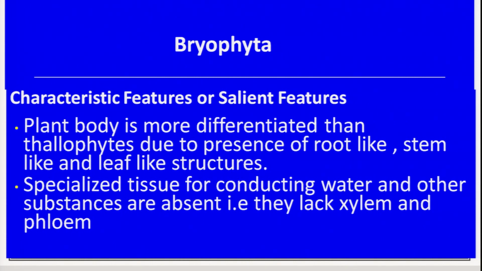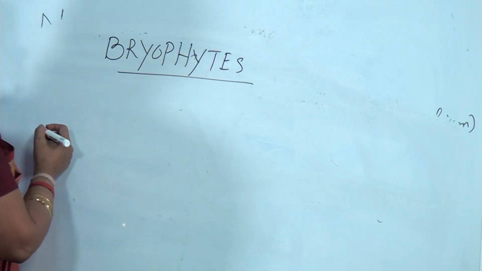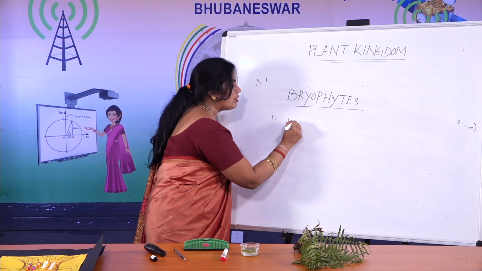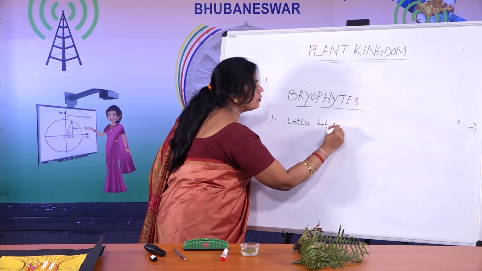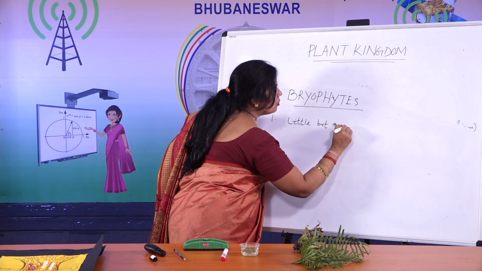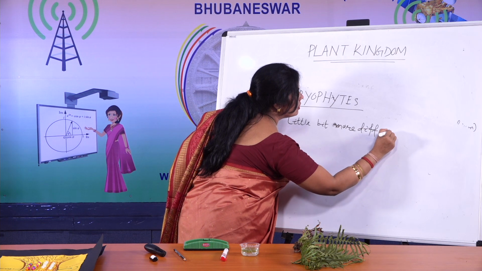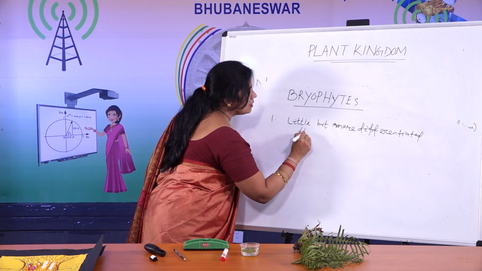Got it? So here, in case of bryophytes, the plant body is a little bit more differentiated than thallophytes.